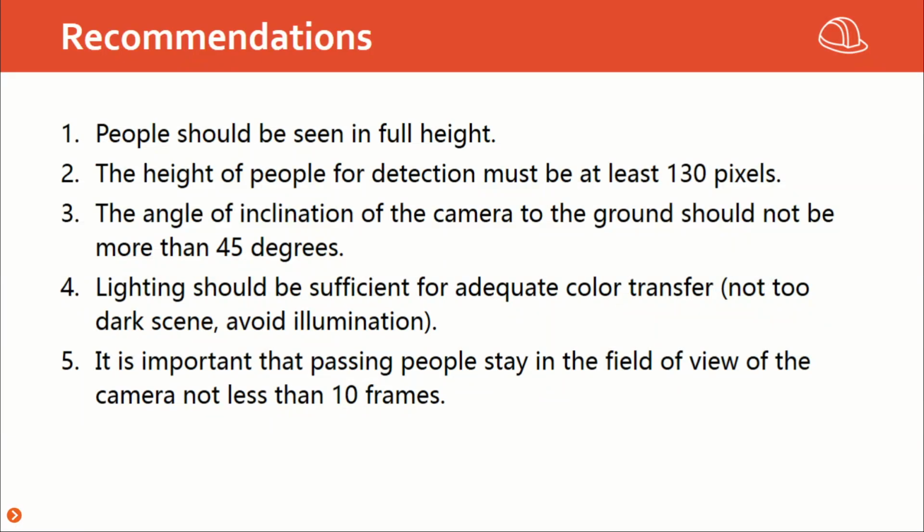There are certain things that you need to care about when you are working with this module. The camera should be in a position to get the full height of individuals. At least 130 pixels of vertical coverage should be given to the height of an individual.